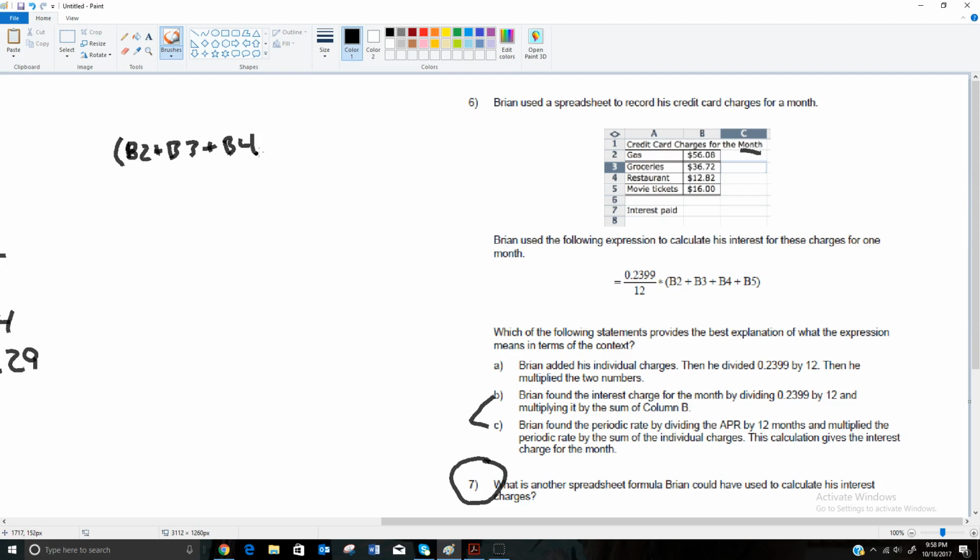Remember, we don't want to use the actual numbers because we want this to adjust if you put different numbers into the cells. So we're going to put the cells, B2, B3, B4, B5. And then multiply that times the interest rate, 0.2399.